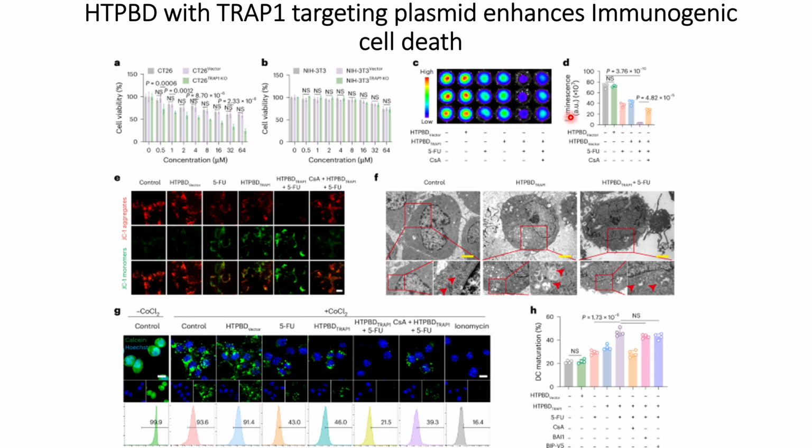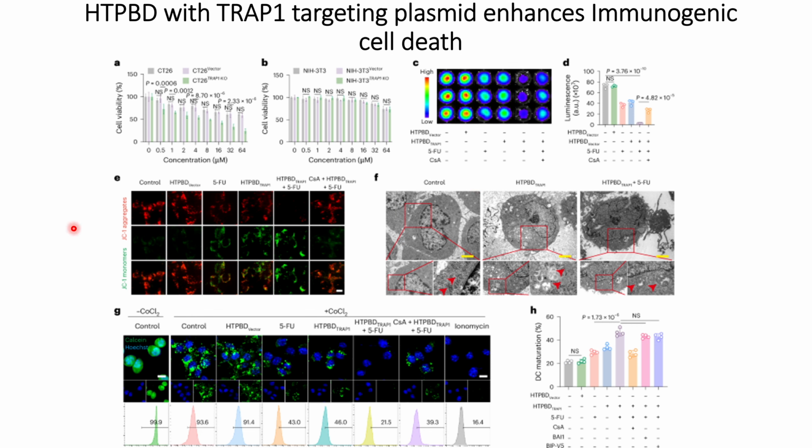They quantified this in panel D, where we can see that when they use HTPBDs with the TRAP1 targeting plasmid and 5FU, they see a maximum reduction in luminescence, indicating a maximum reduction in cells, compared to the case where CSA is used with 5FU, which shows reductions of around 35%.